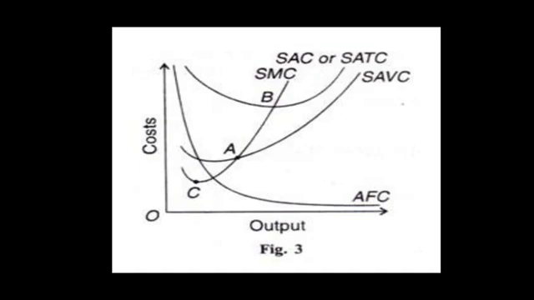Thus, falling average cost and marginal cost during the initial stage is in accordance with rising average product and marginal product. That is, when there are increasing returns to a factor.